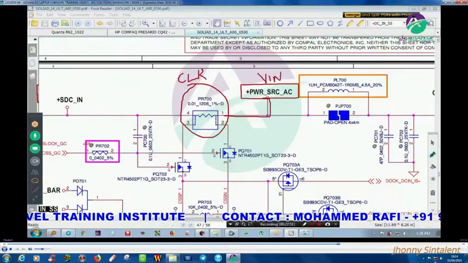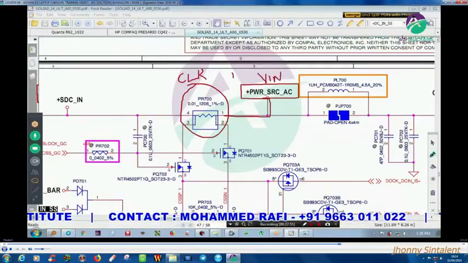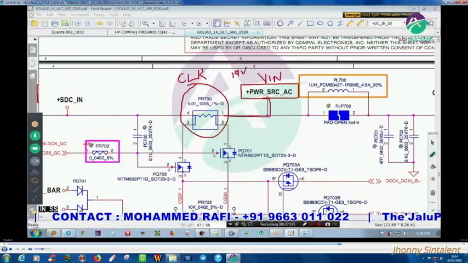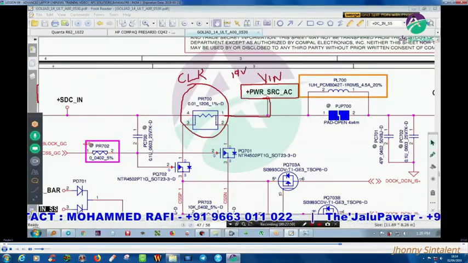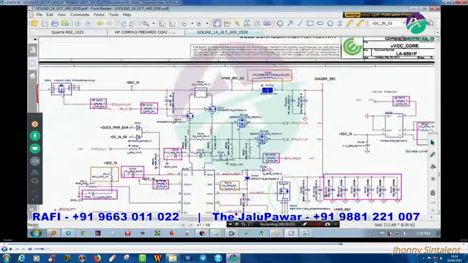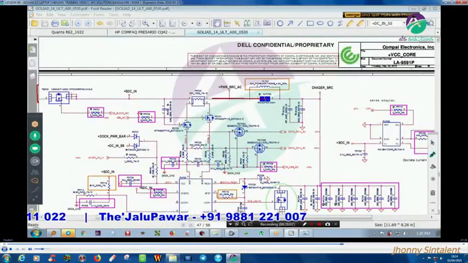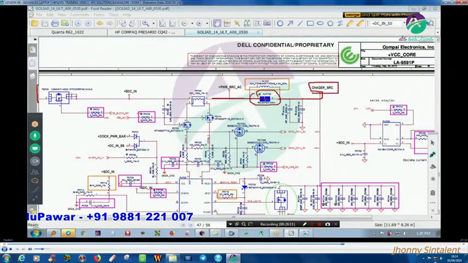But in this latest Haswell architecture, up till here it is your 19 or 20 volts only, no difference. But in this architecture, the Vin, after passing a jumper, you get a charger SRC.